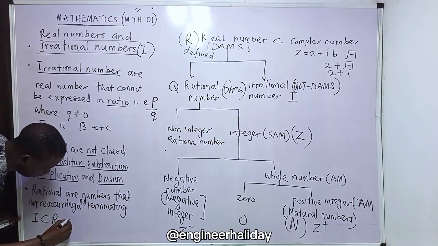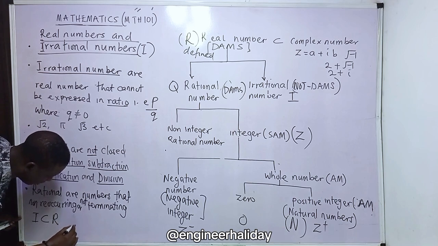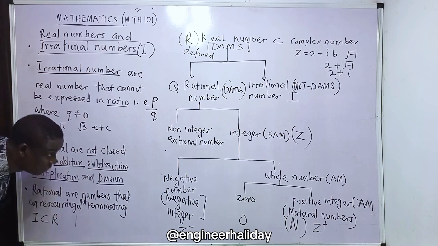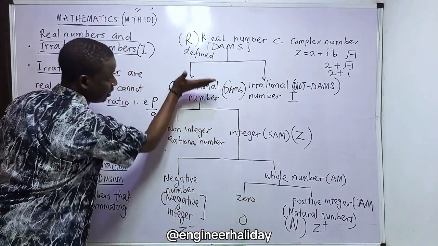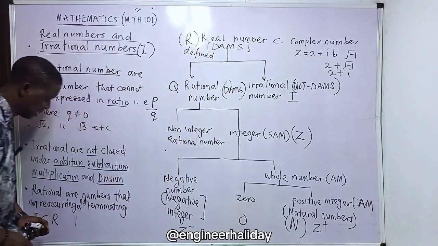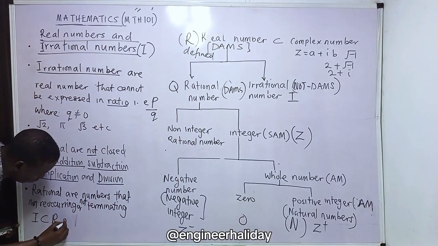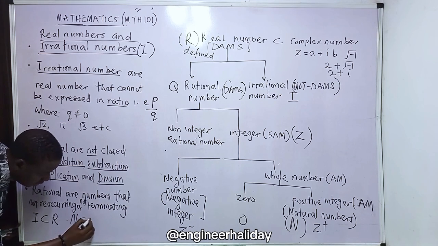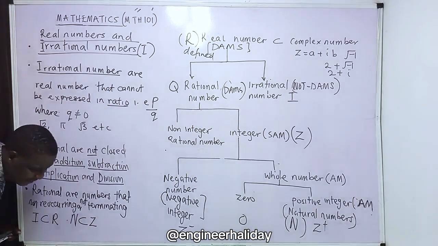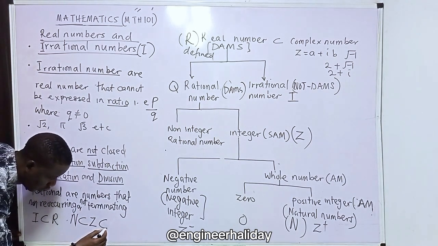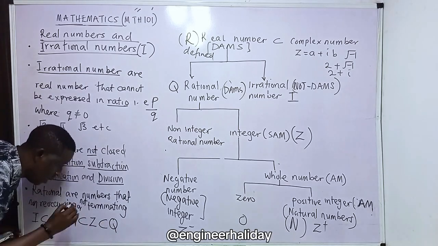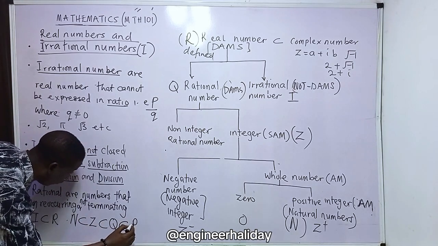Just like we say natural number is a subset of integer, integer is a subset of rational number, and rational number is a subset of real number.